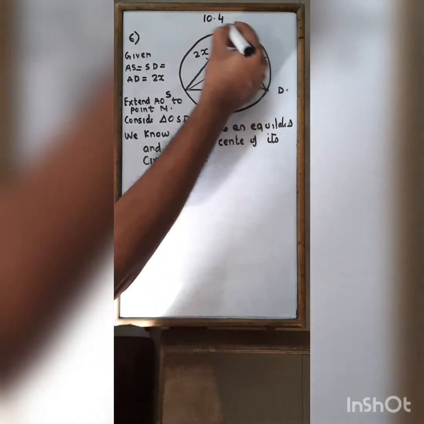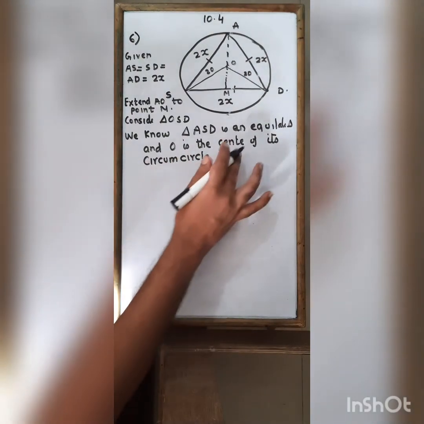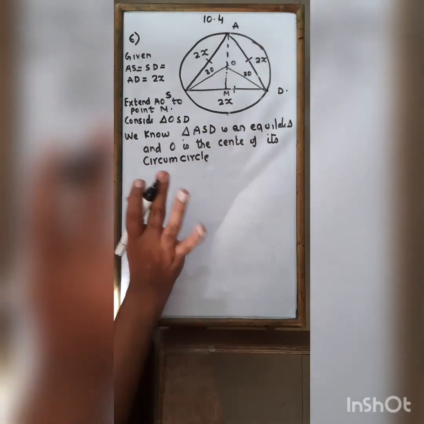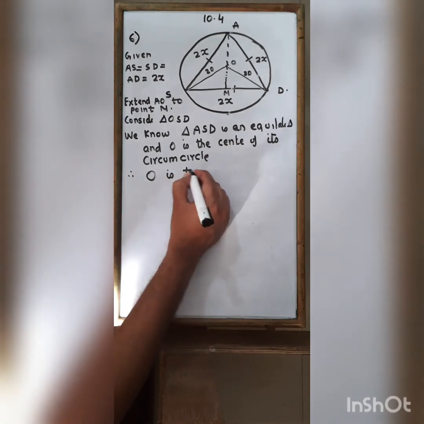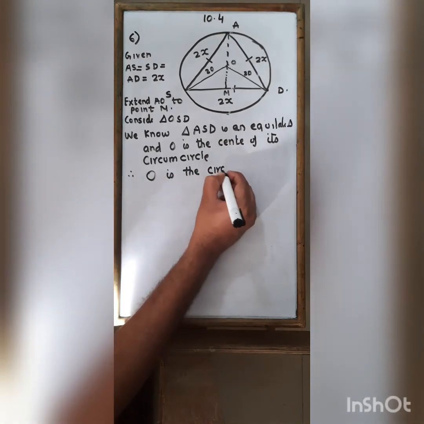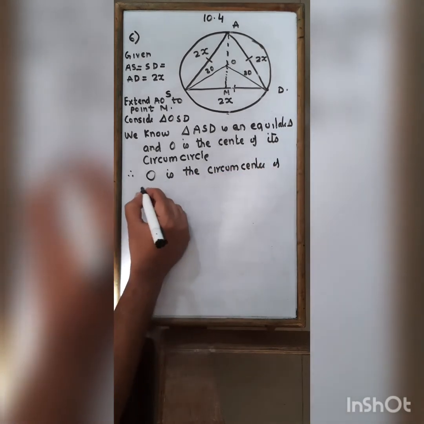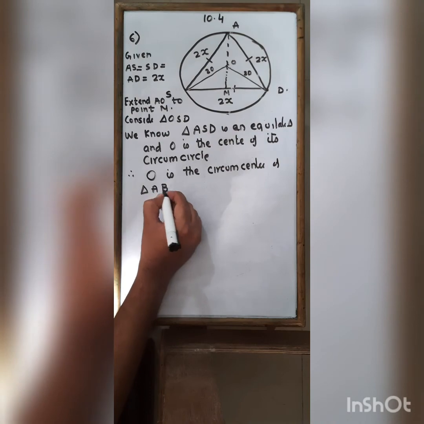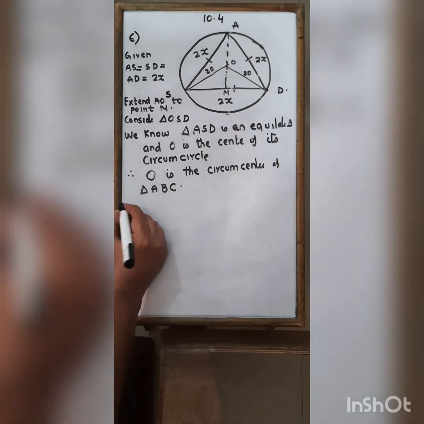So O is the center of the circumcircle of triangle ASD. Right? O is the center of its circumcircle. So therefore O is the circumcenter of triangle ABC.